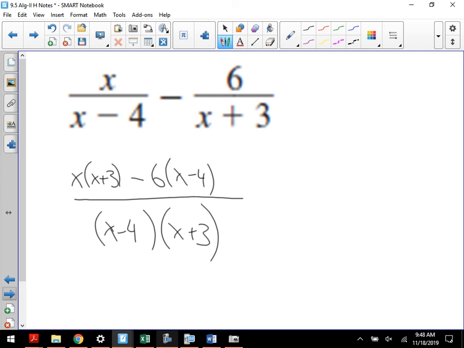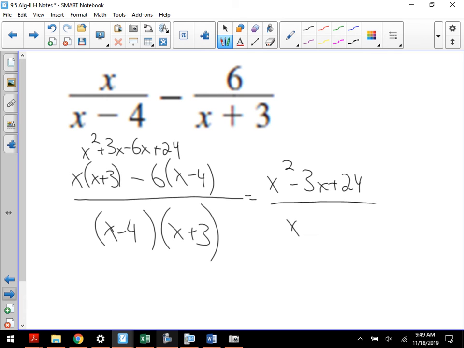Distribute, combine like terms on the top, and rewrite. You're done.